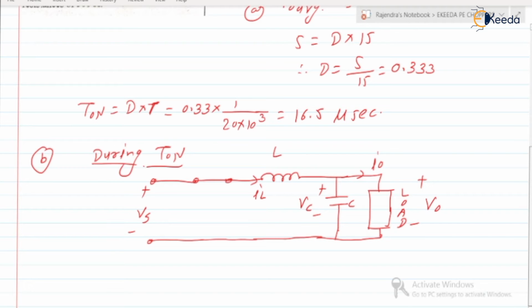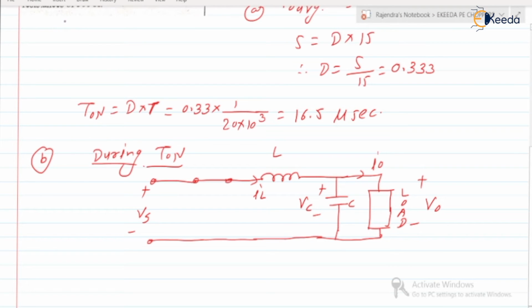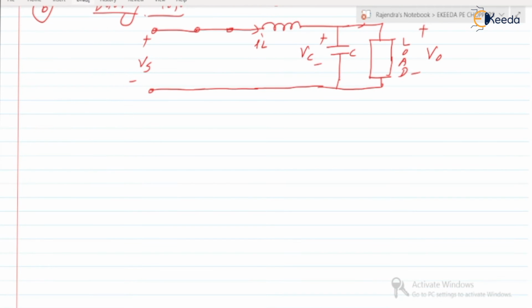So can we apply KVL? Yes, during T on we can apply KVL to the loop, the outer loop.